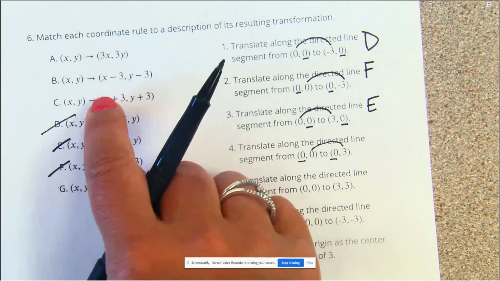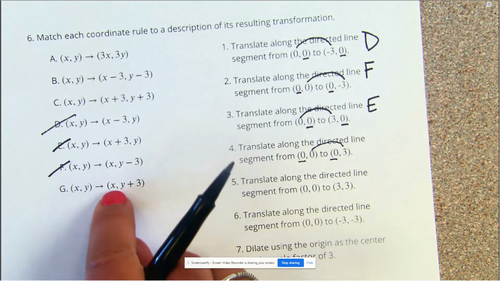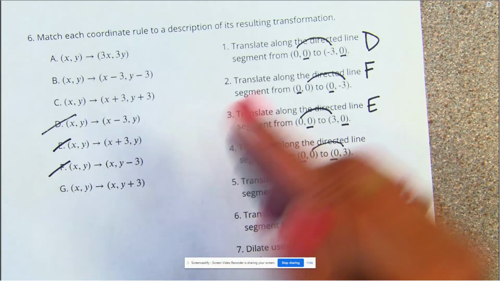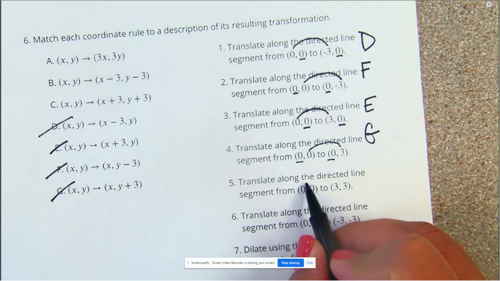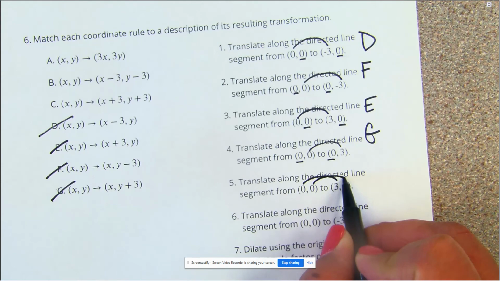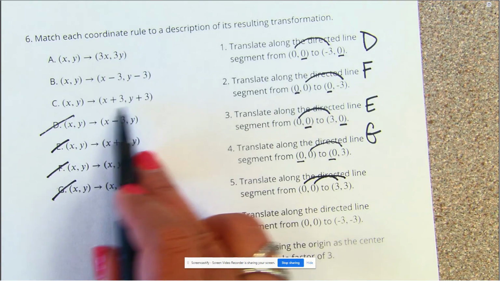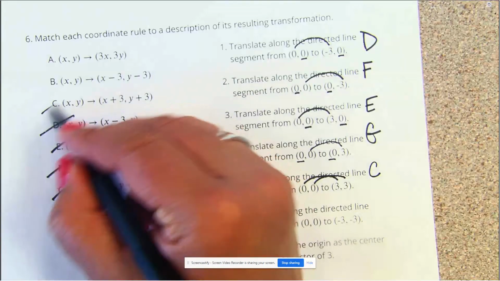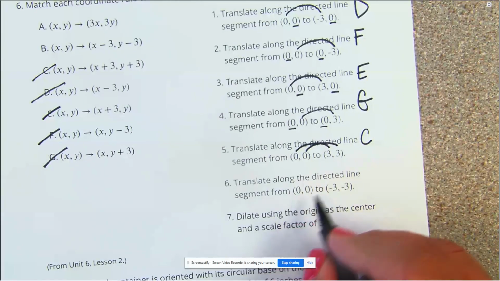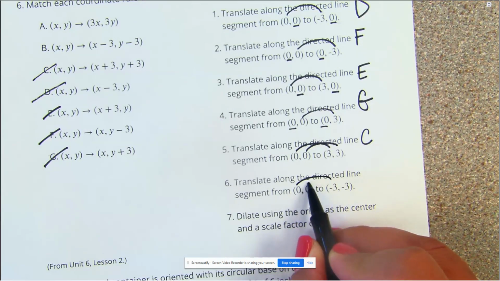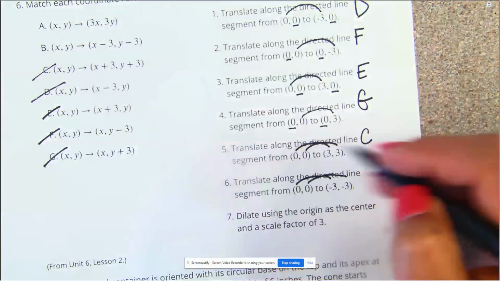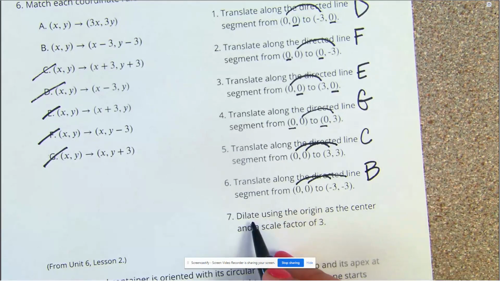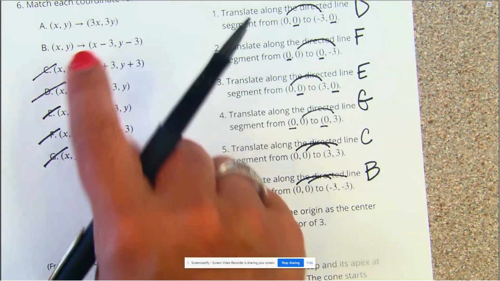There it is. 3 in the x and 3 in the y, positive. Take away 3 from both the x and the y. Dilate using a scale factor of 3. That's where you're multiplying them both.